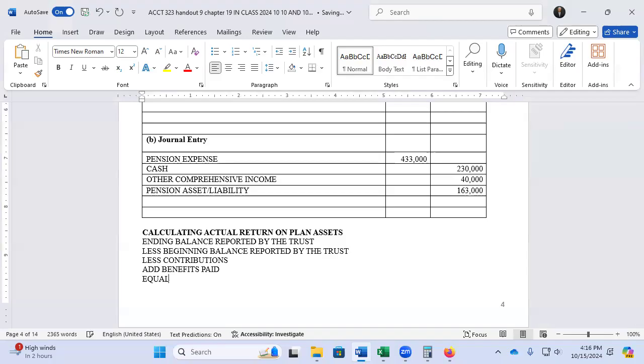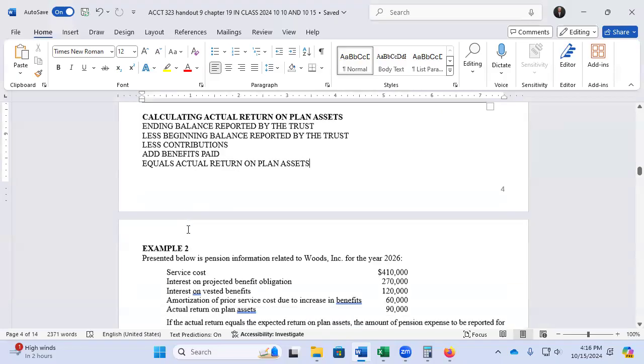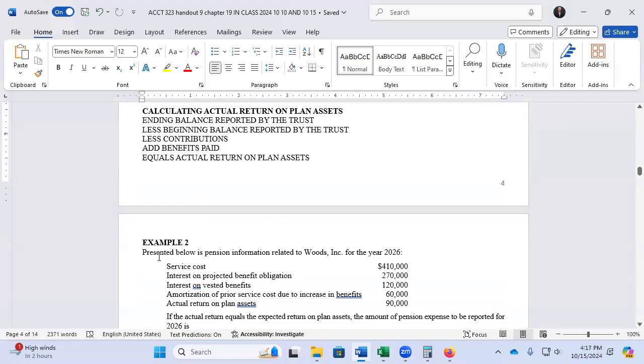And that equals the actual return on plan assets. Once you're done copying that down, you take a look at example 2.